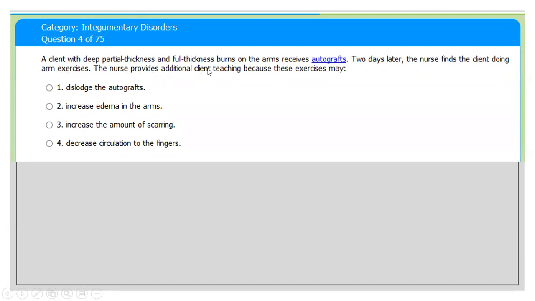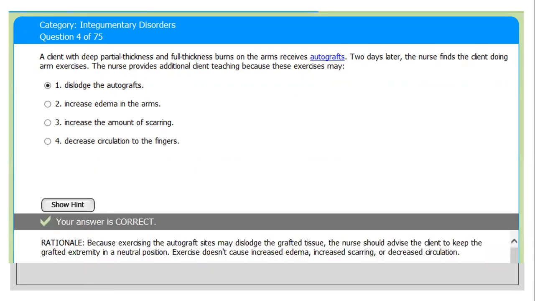The nurse provides additional client teaching because this exercise may, number 1, dislodge the autograft. Number 2, increase the edema in the arm. Number 3, increase the amount of scarring. And number 4, decrease the circulation to the fingers. So the correct answer is number 1, dislodge the autograft.